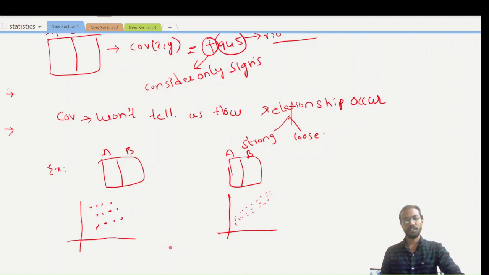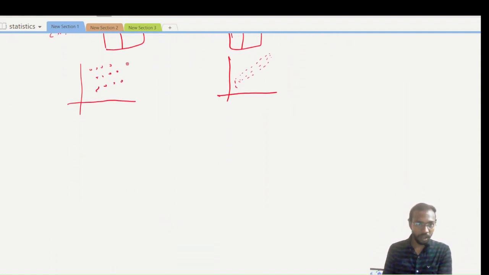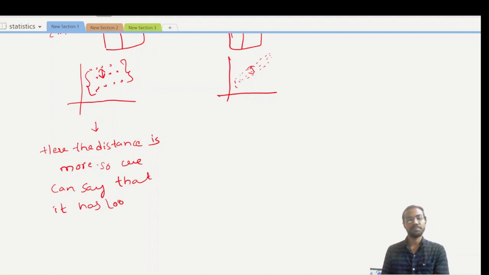Here in the first plot we can observe that the distance between the data points is more compared to this plot. Here the spread is more, so we can say it has a loose relationship.